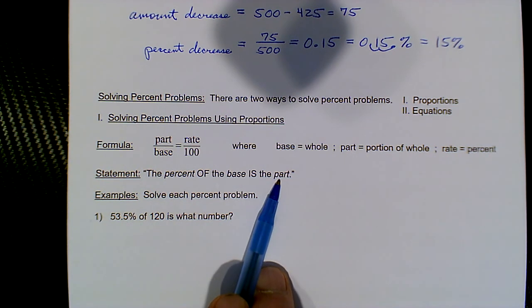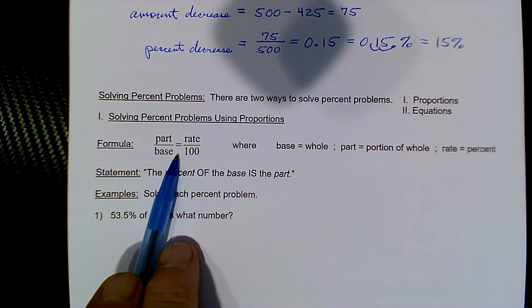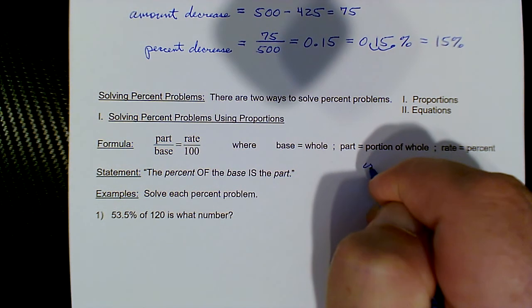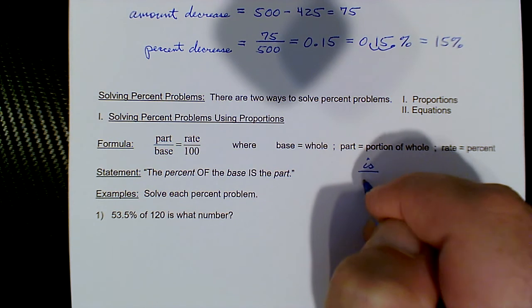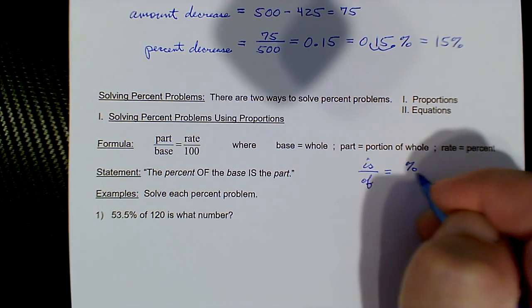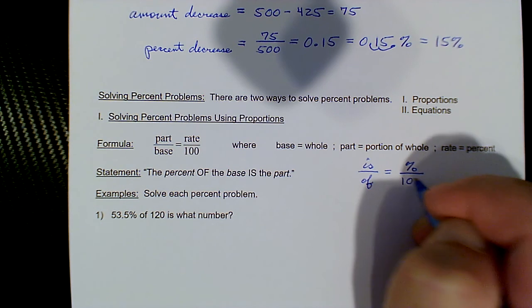And with that statement, I want to remind you of the same formula but in a different form using different words. You probably will remember is over of equals percent over 100.